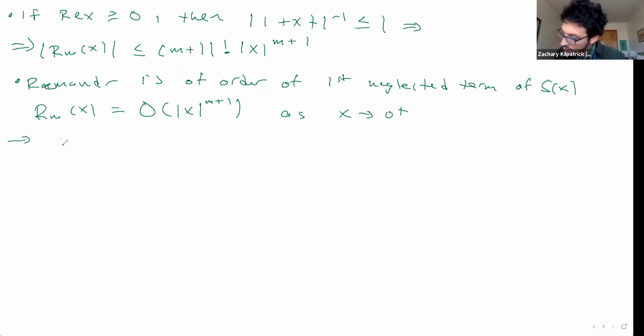So let's summarize what we've seen now in this curious example, but it's informative in general of asymptotic series.